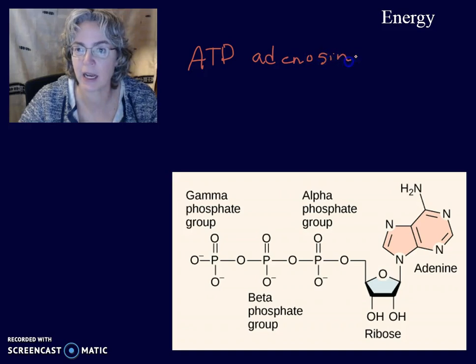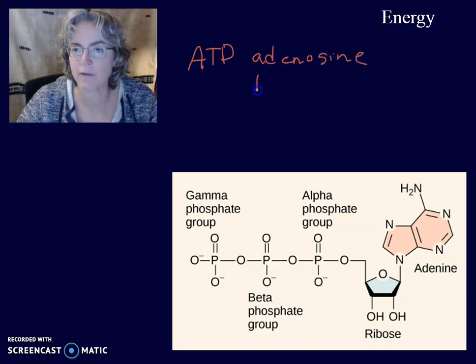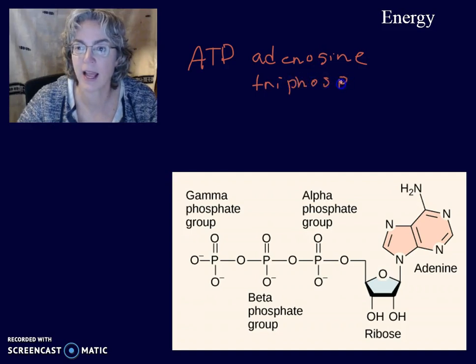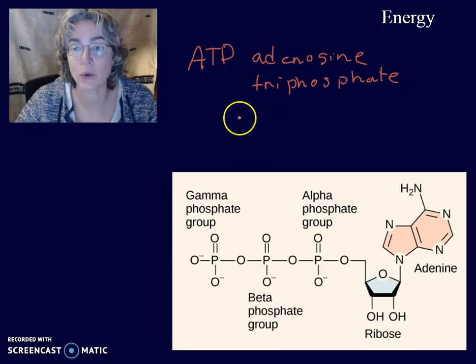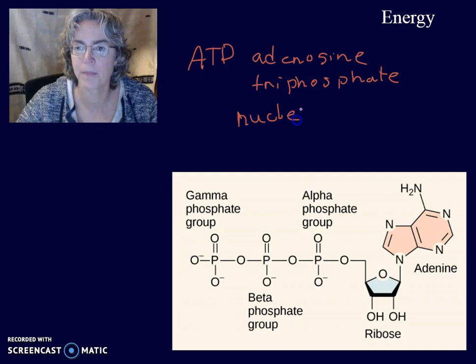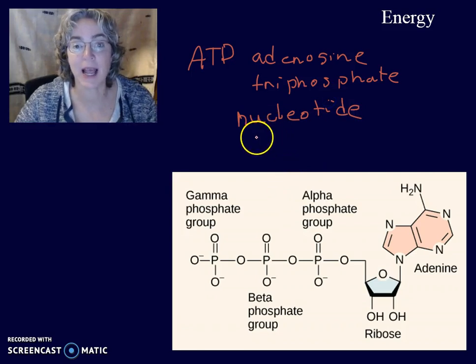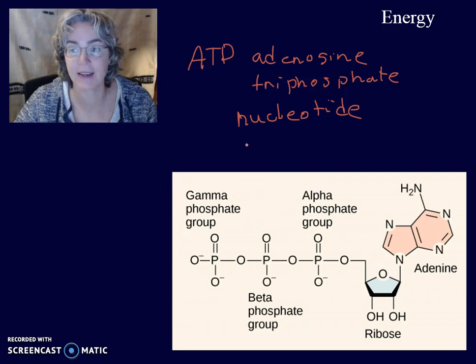Adenosine triphosphate. It is a nucleotide, so it is a monomer of a nucleic acid.